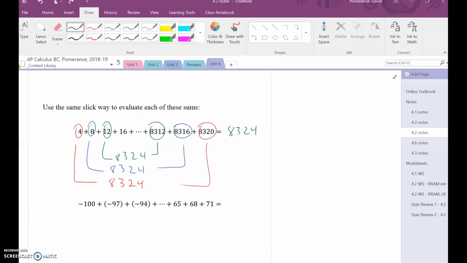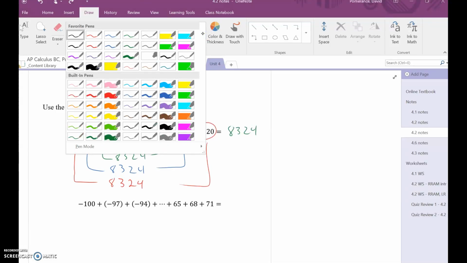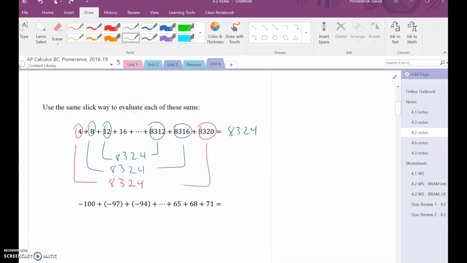But it should be pretty clear that this pattern is 4 times 1 plus 4 times 2 plus 4 times 3 all the way up to plus 4 times 2080.